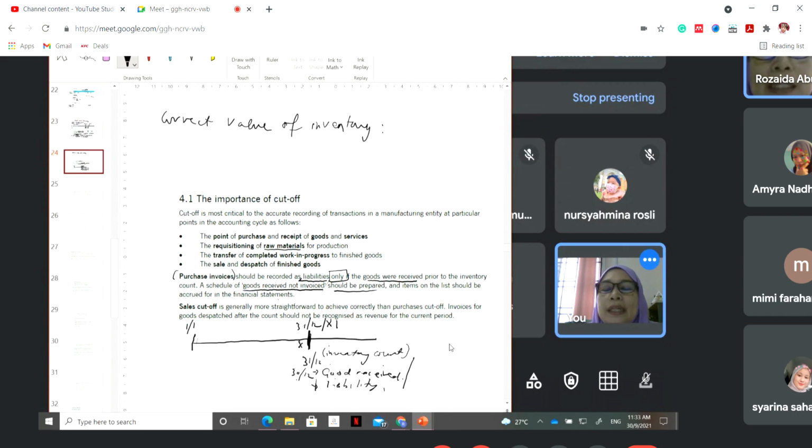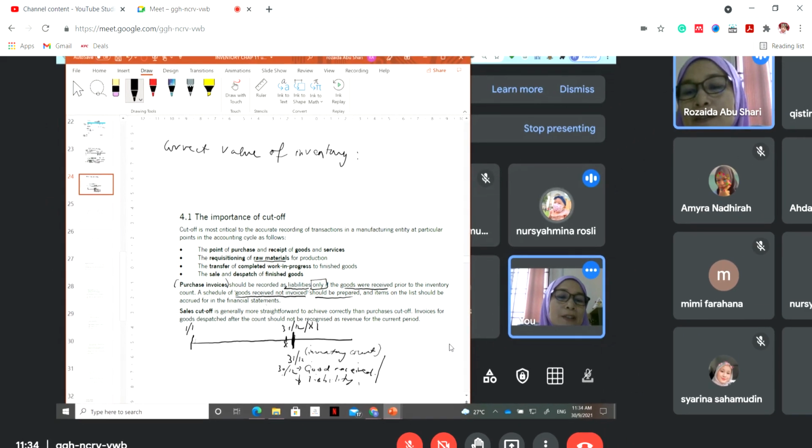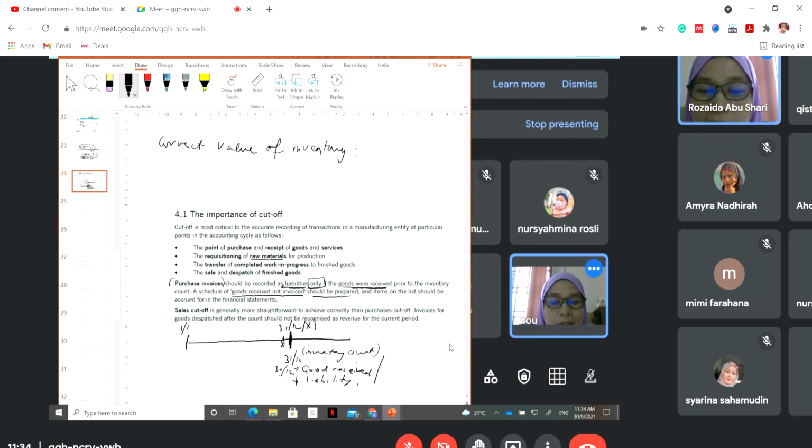So on 30th December, what are the transactions that occurred? Jamina, what are the transactions that occurred on 30th December kat sini? Purchase, ataupun apa aktiviti dia? Goods received. Yes, goods received. That is the activity that occurred to the company in that period.